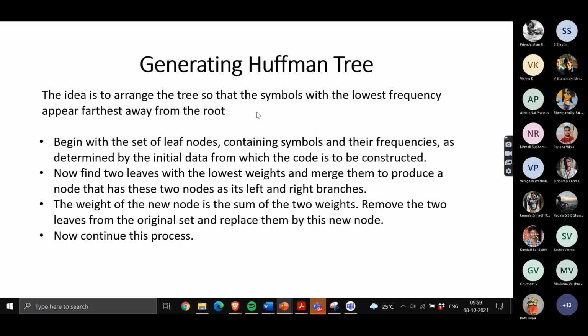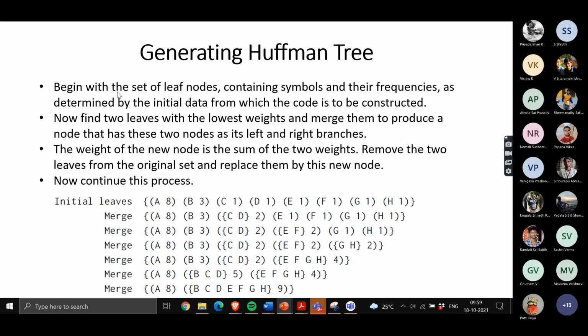So what is the logic followed in the construction of the Huffman tree? Begin with a set of leaf nodes. I have the same process in the next slide. In the first line there is a set with leaf nodes A, B, C, D, and so on.